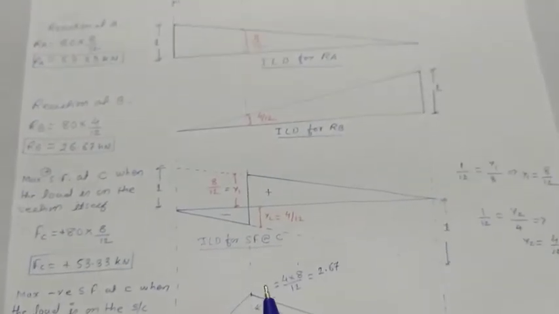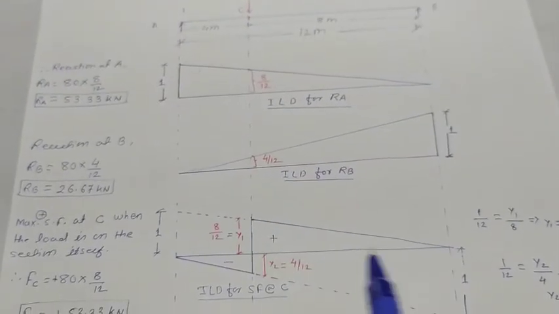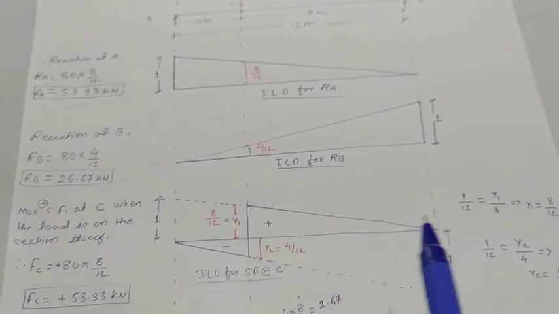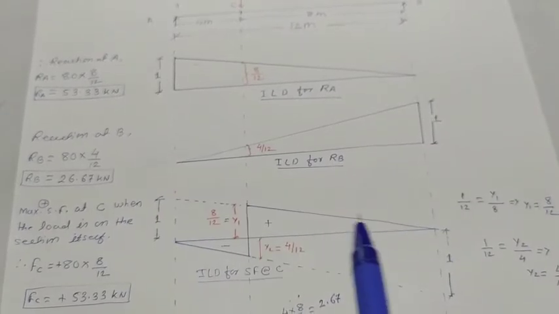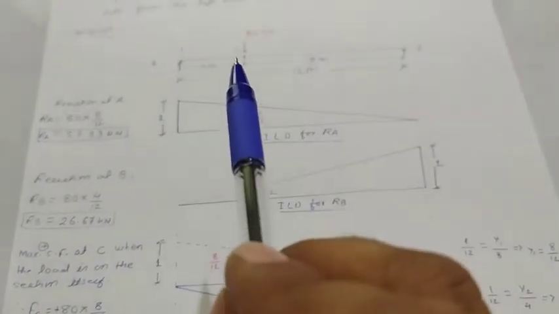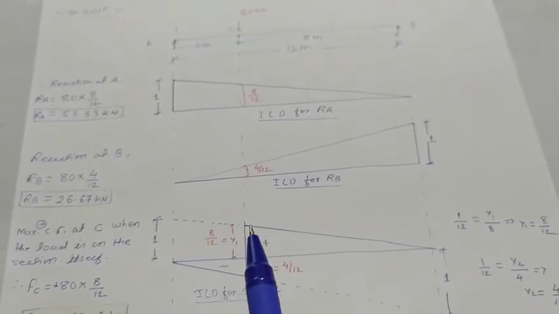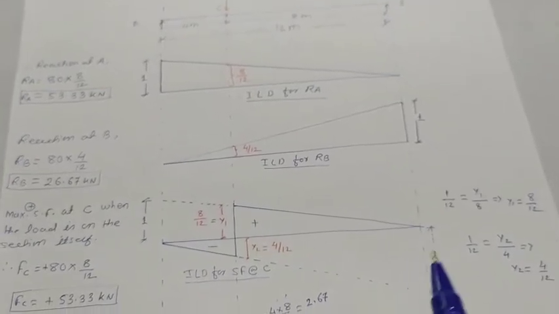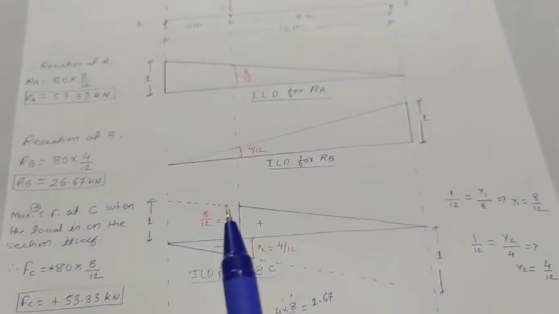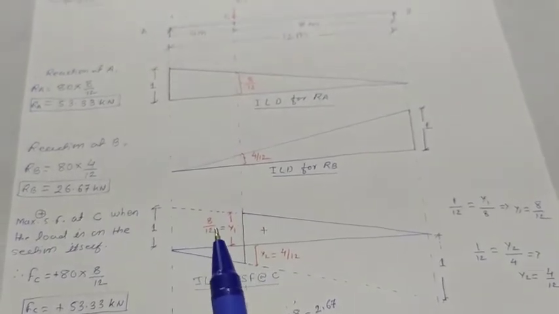Similarly, draw the shear force diagram for point C. We already saw the basics of ILD; this is the standard shape for a point load or UDL. So you can draw the ILD like this. This is ordinate 1 for RA and this is ordinate 1 for RB. If this is 1, what will be y1? You can find it by symmetry of triangles: 8 by 12, since this point is 8 meter away.